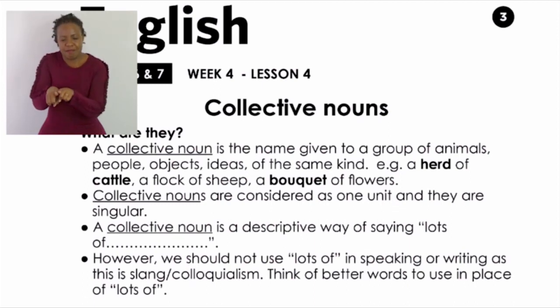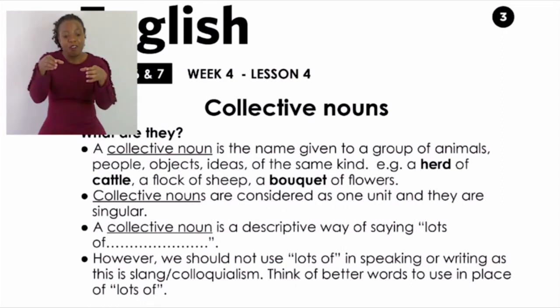For example, a herd of cattle, a flock of sheep, a bouquet of flowers. Collective nouns are considered as one unit and they are singular.